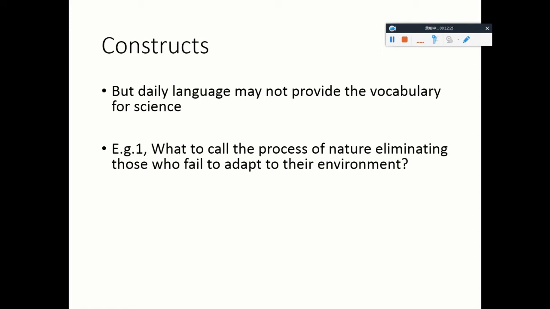So, for example, if I ask you, what is the concept that summarizes or describes the process of nature taking out entities that do not succeed in adapting to their environment? There's a concept that would describe this process, and I assume that many of you will know if you have taken Biology 101, and you might have guessed it, and that's natural selection, right?